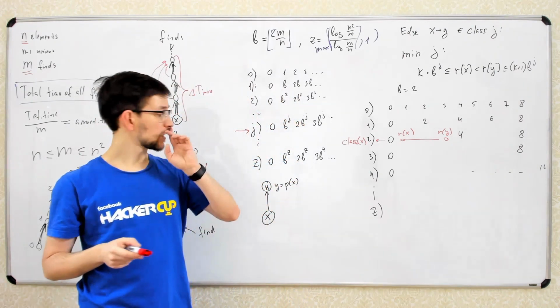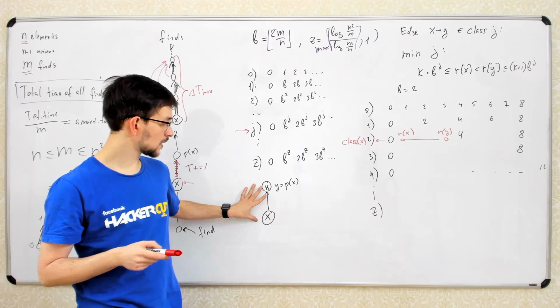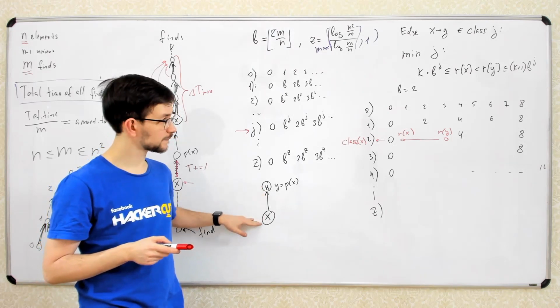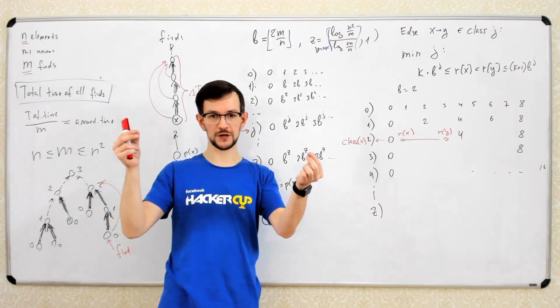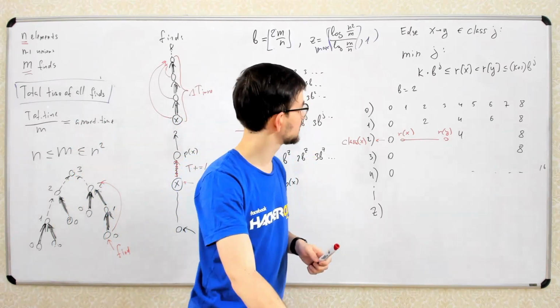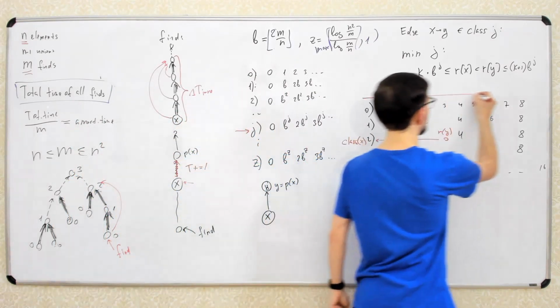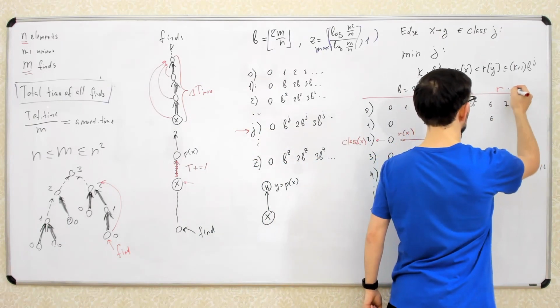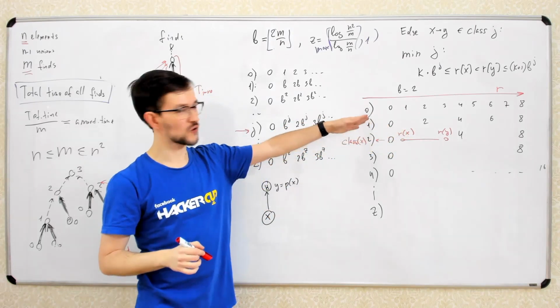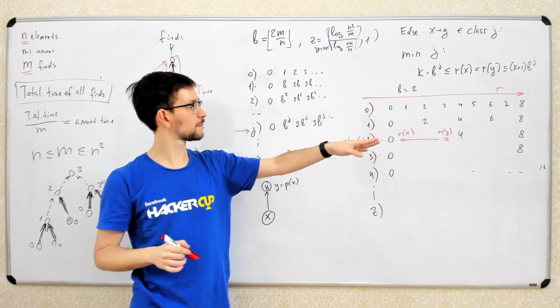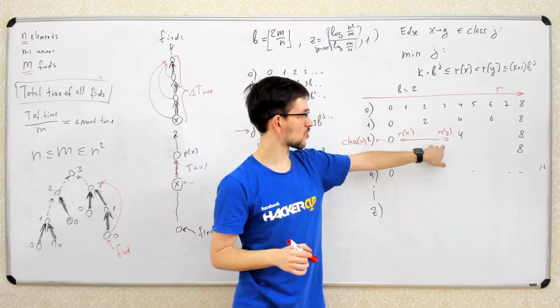Again, what's going on? We take some edge, calculate these two ranks. You may think about these ranks as a segment on the line. So if you have this line, this is the axis of all possible ranks. You have rank of x and rank of y.